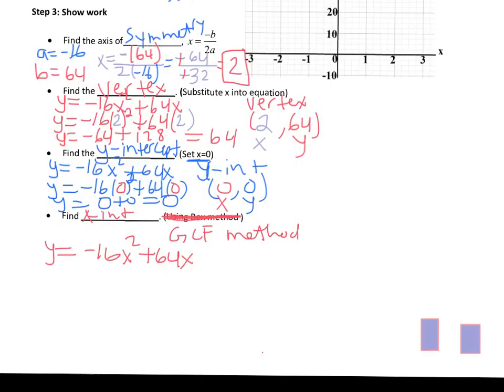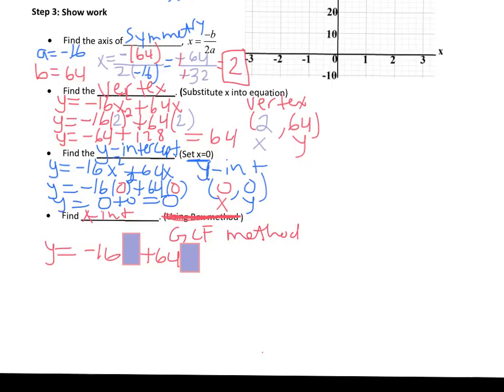So I'm going to cover the variables up first. And ask yourself, what can go into 16 evenly and into 64 evenly? There are many numbers, like 2 can go into 16 and 2 can go into 64 as well. But that's not the greatest common factor they have in common.